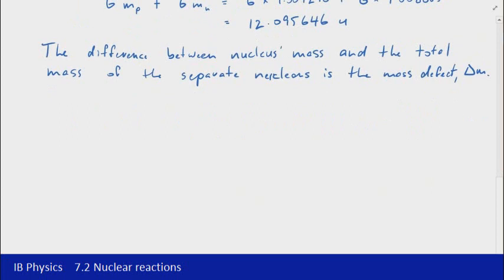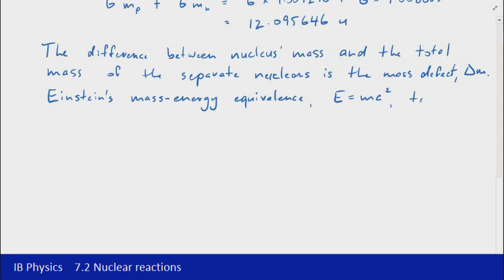Now, we've got a difference there. What happens to it? We need to refer to probably the best known equation. The understanding of it in the general population is not necessarily there, but Einstein's mass-energy equivalence, E equals mc squared, one of the most famous equations, helps to explain what happens with this mass defect.